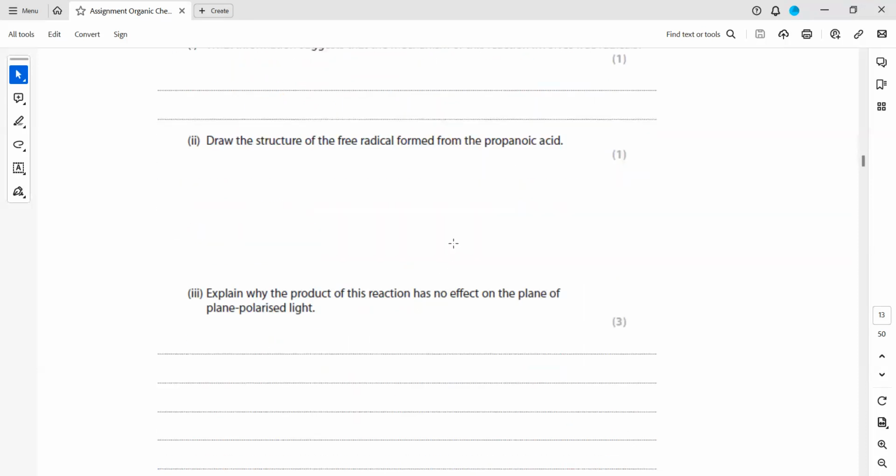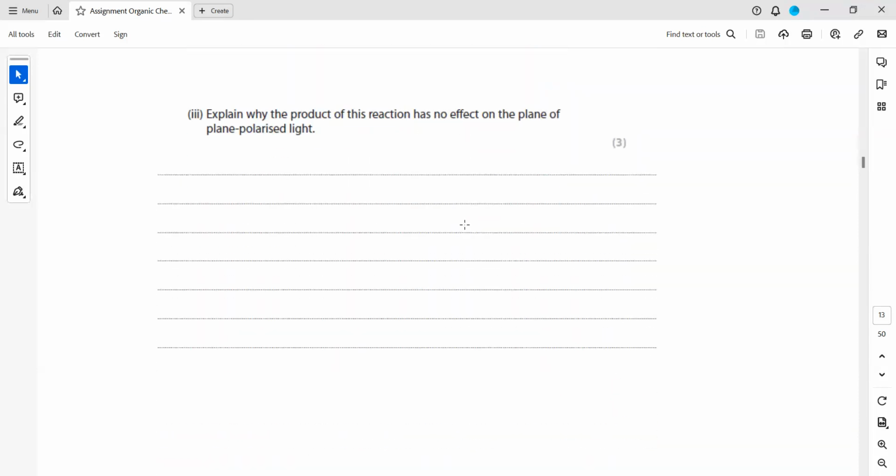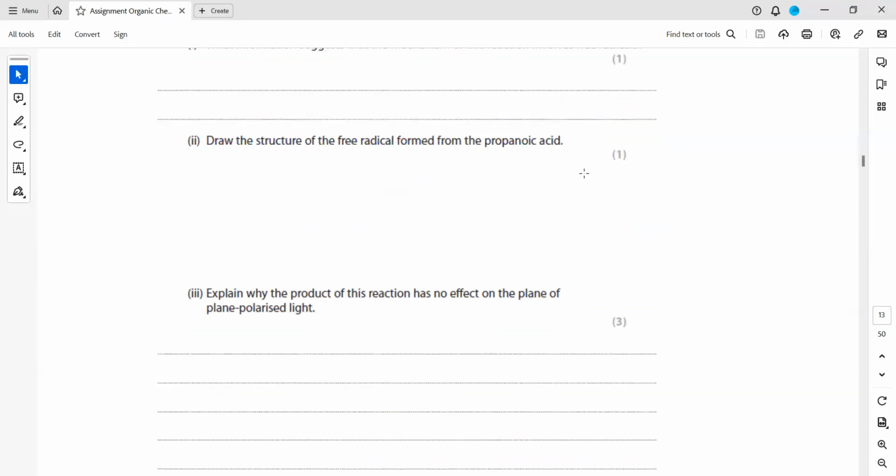Why does the product of this reaction have no effect on plane polarized light? As I mentioned, there might be 2 reasons for not affecting plane polarized light. One is it may not have any chiral carbon, or second is it may result in the formation of a racemic mixture. So if you check, is there a chiral carbon here?